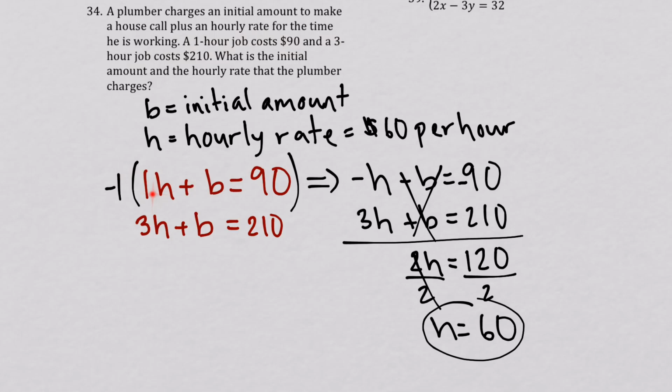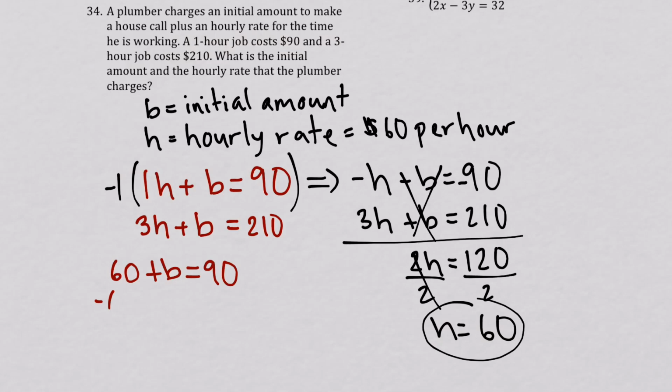I'm going to substitute it in right here into 1H plus B equals 90. So it'll be 1 times 60, which is just 60, plus B equals 90. If I lost a couple of you guys here, all I did was plug in this 60 right there.